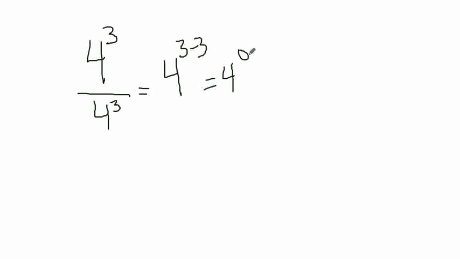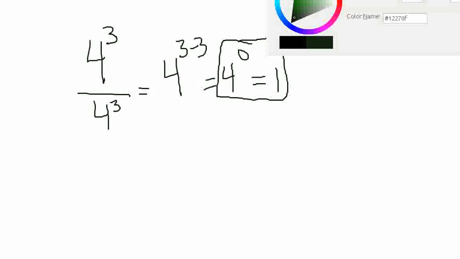Okay. However, what is anything divided by itself besides 0? Isn't that equal to 1? Okay, so apparently a good idea would be that we set 4 to the 0 equal to 1. And this argument will work for any number besides 4 except 0.